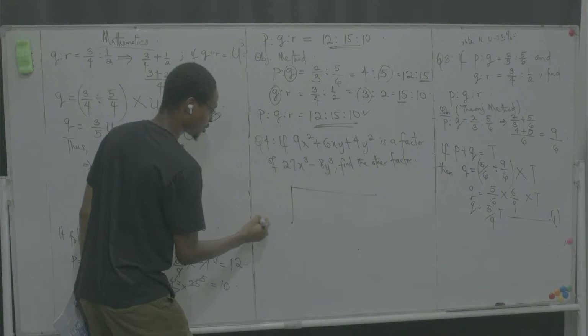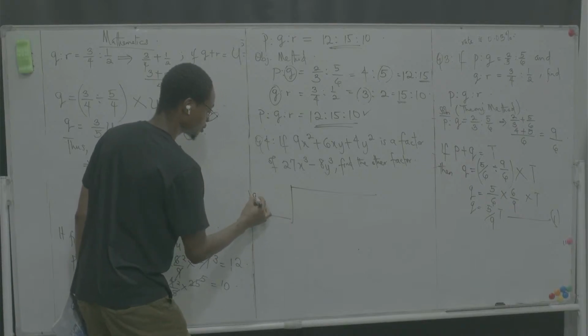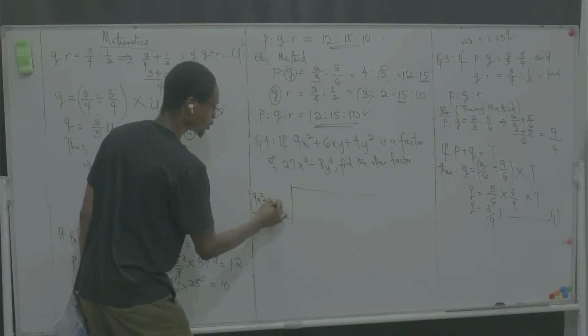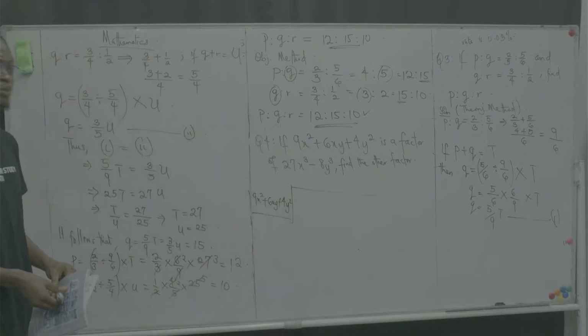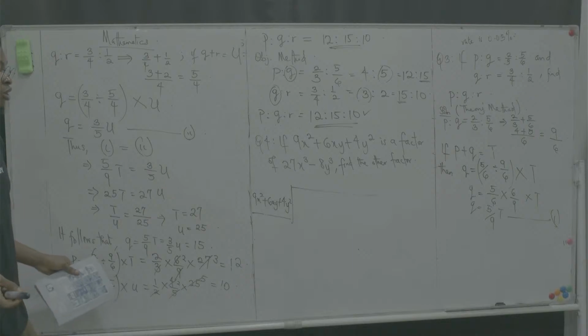Without wasting time, you can easily take your long division, 9x squared plus 6xy plus 4y squared. And before you start thinking, won't this be long? You won't have so much to waste your time on, and you'll see in a minute.